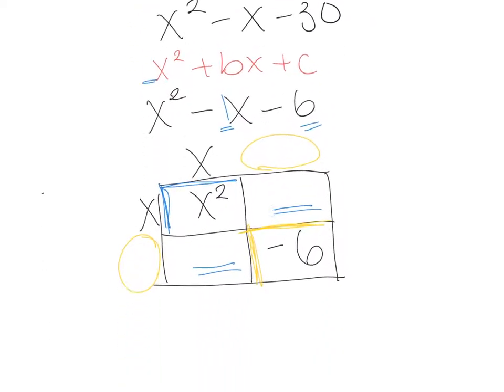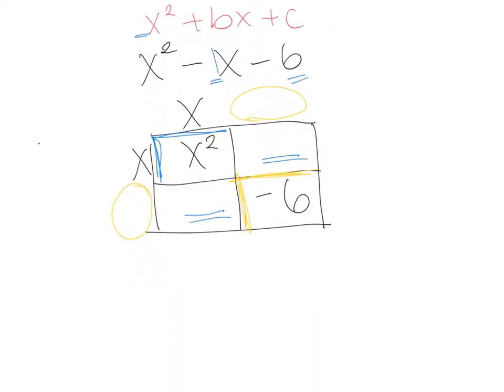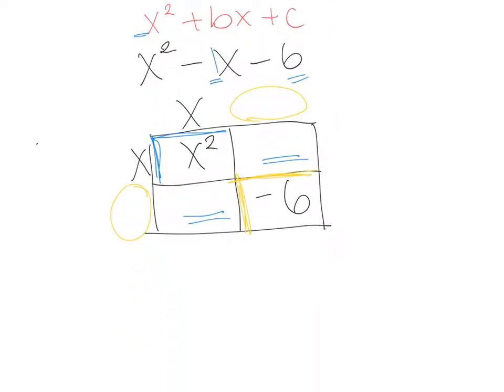Some number here, multiplied by x, needs to go in this box. And some number here, multiplied by x, needs to go into that box. But those two numbers multiplied together need to be negative 6.